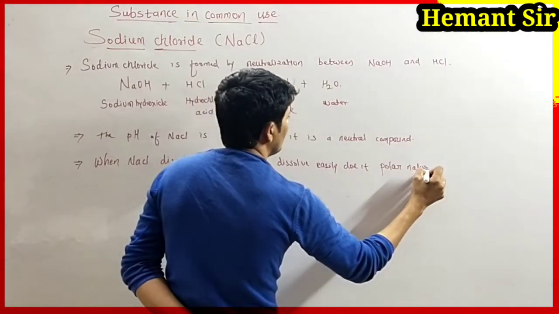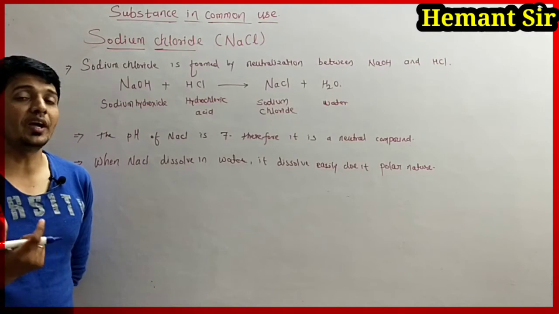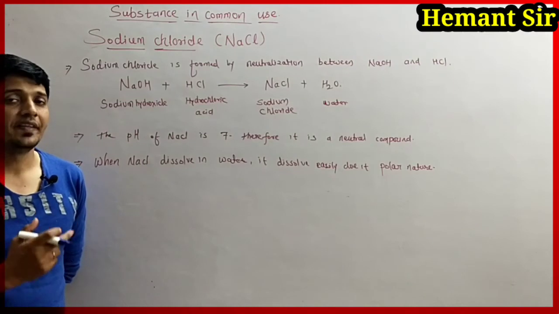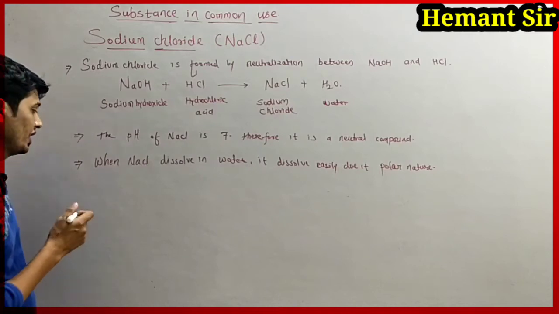Polar nature means sodium chloride has a positive and negative pole on opposite ends. That's why it is easily dissolved in water.